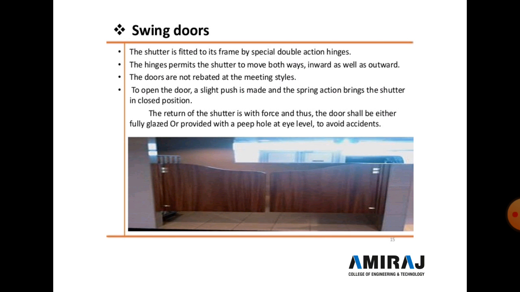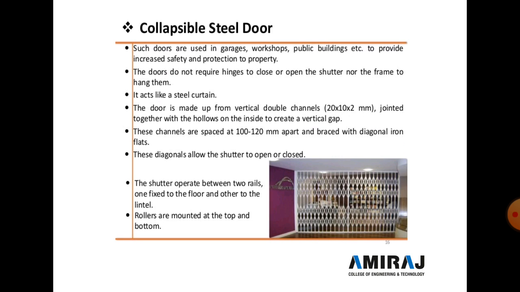generally seen. The next type of door is a collapsible steel door. See this figure. This type of door is generally used in garages, workshops and public buildings to increase the safety and protection of the property.